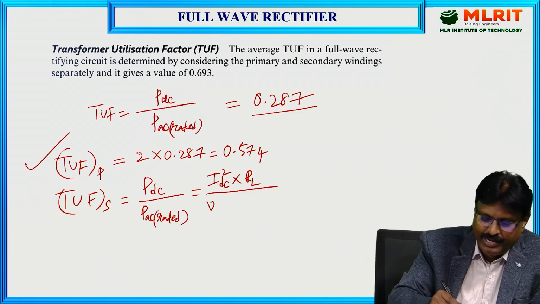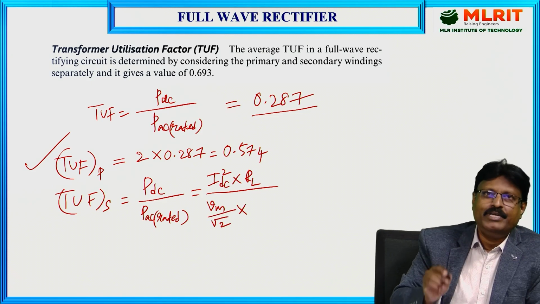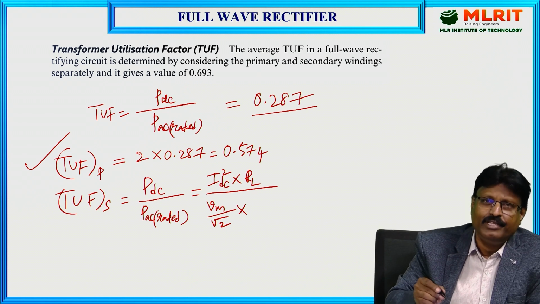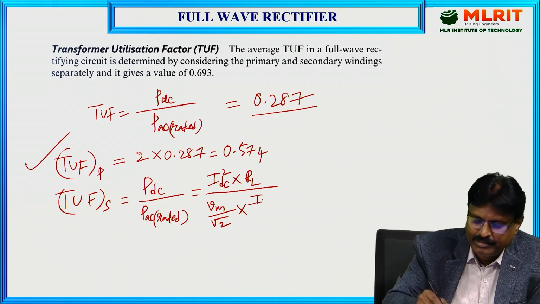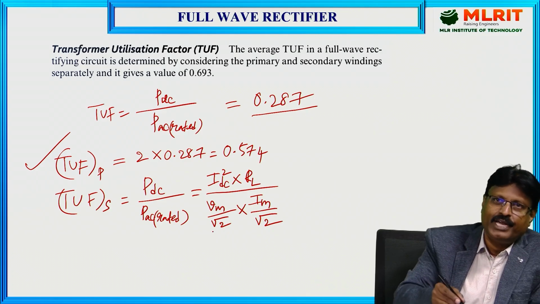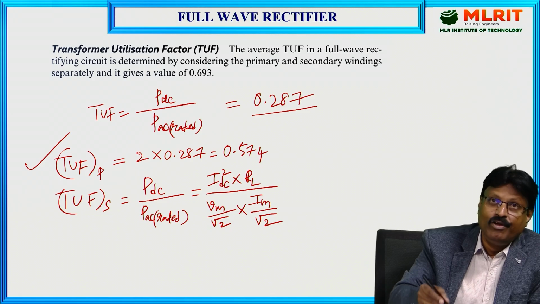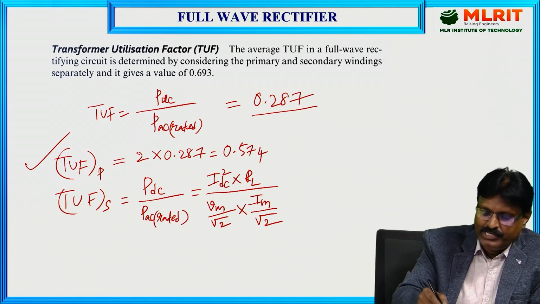We can directly write it as Vm by root 2 into IRMS value of full wave rectifier. So what is the IRMS value of full wave rectifier? IRMS is equal to Im by root 2. Okay. So this Vm by root 2 is the rated value of secondary, and this current value is nothing but the IRMS value of full wave rectifier, which we just derived.